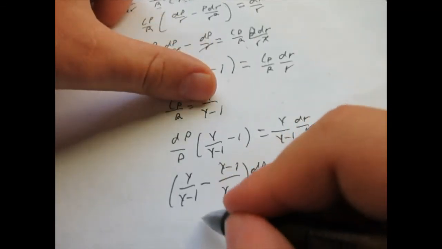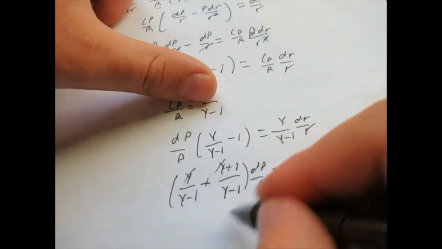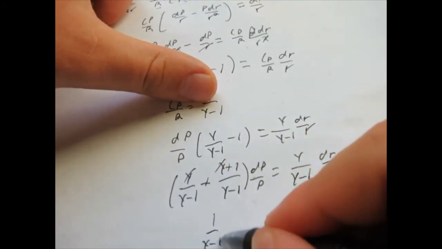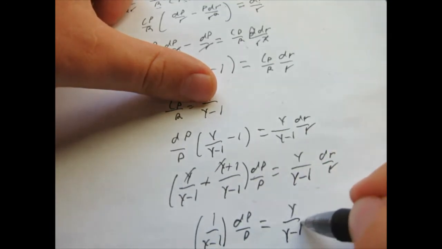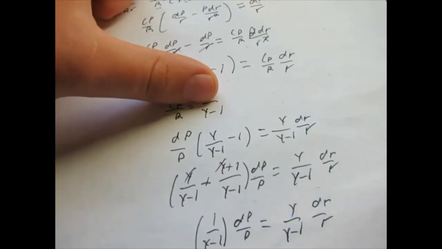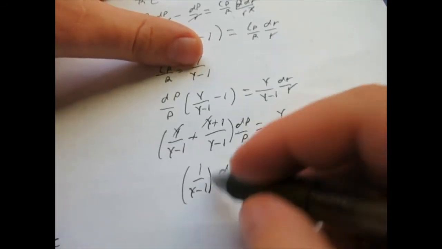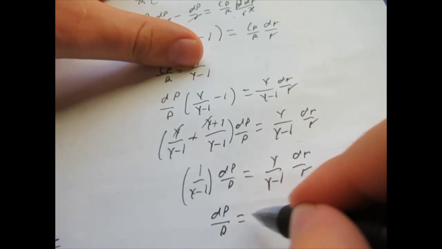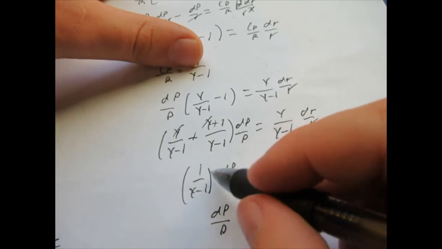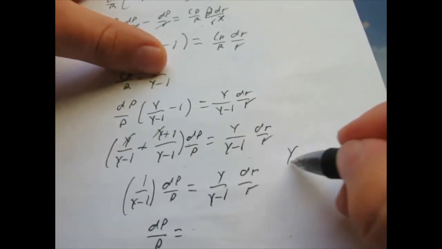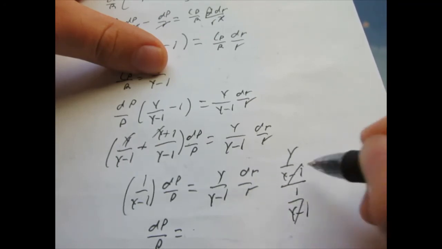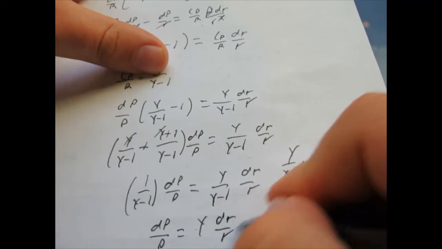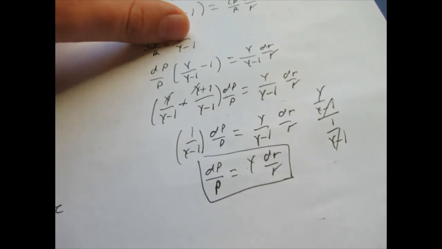If you do the math here, the gammas cancel out, this becomes a plus. So you're left with 1 over gamma minus 1, dP over P equals gamma over gamma minus 1 d rho divided by rho. Then divide both sides, and you're left with dP over P equals gamma divided by gamma minus 1 divided by 1 over gamma minus 1. These two cancel out and you're just left with gamma d rho divided by rho. So then you are left with this, which is the result we were looking for.